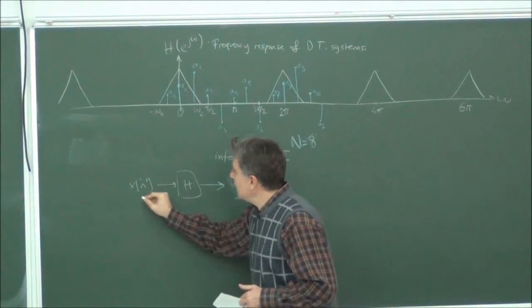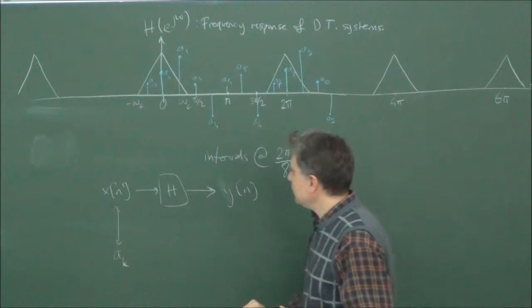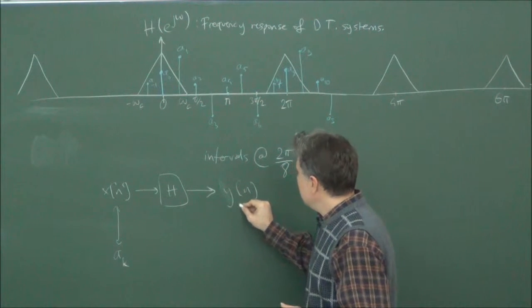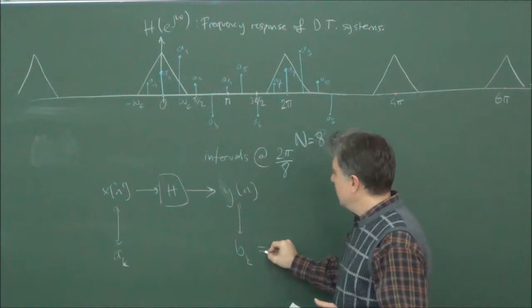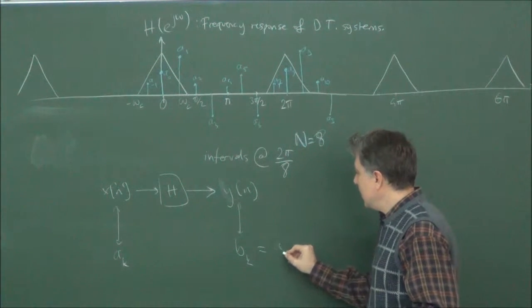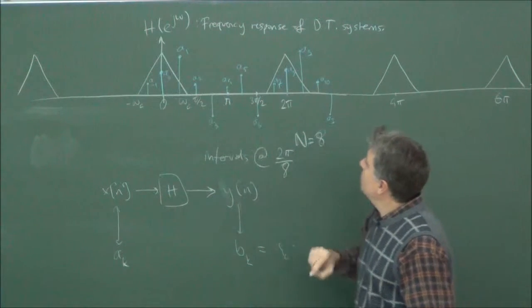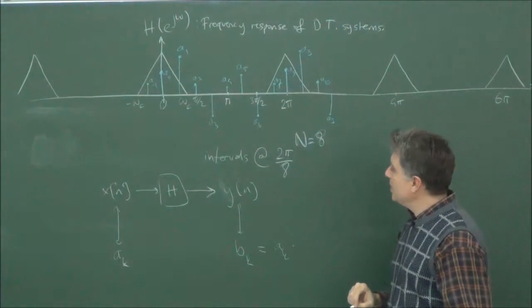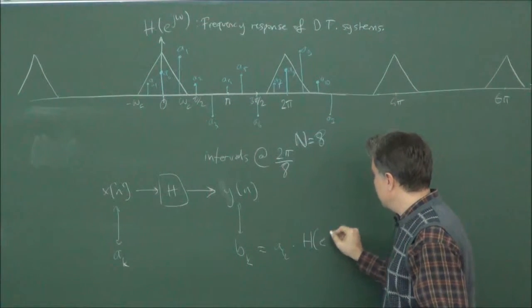This one has Fourier series coefficients ak's, and this one will have bk's equal to ak times the spectrum or the frequency response of h at that corresponding frequency, H of e to the j omega.